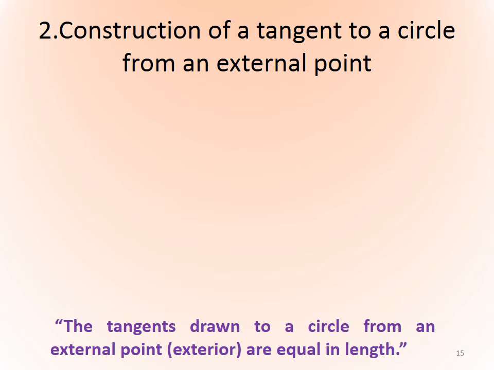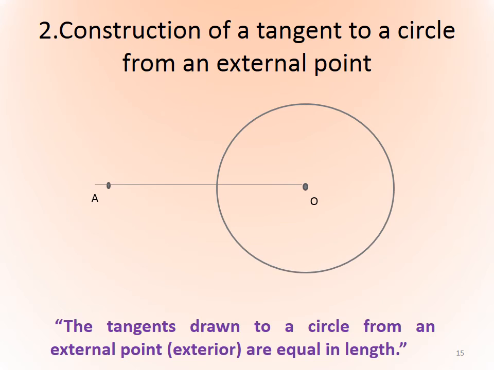Let's see construction of a tangent to a circle from an external point. I'll use the theorem: the tangents drawn to a circle from an external point are equal in length. You have been given a circle. O is the center of the circle and A is an external point to the circle.